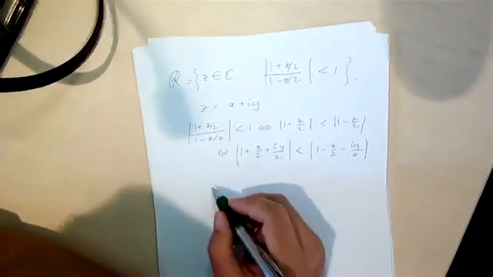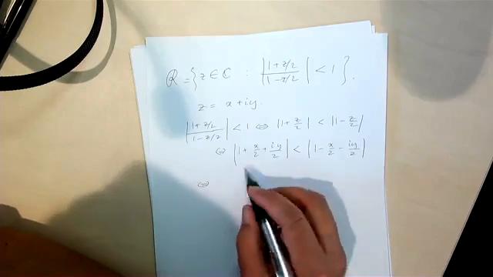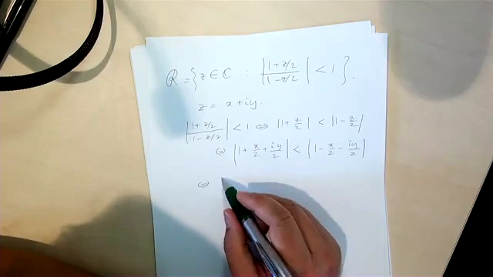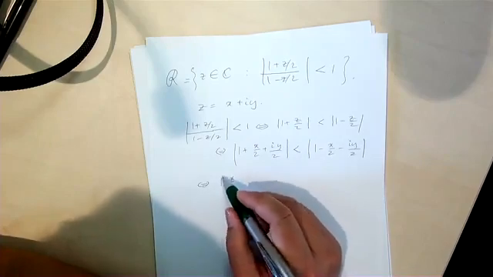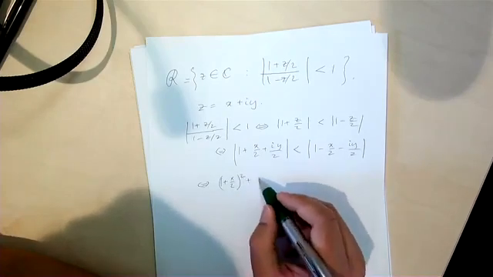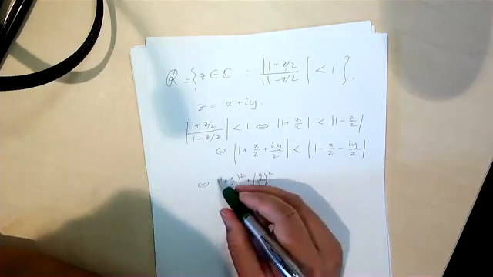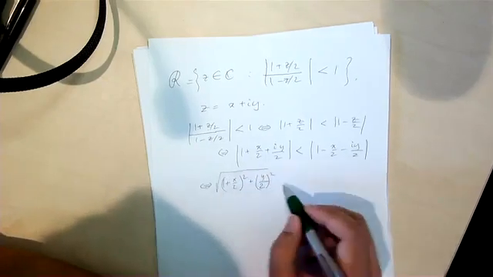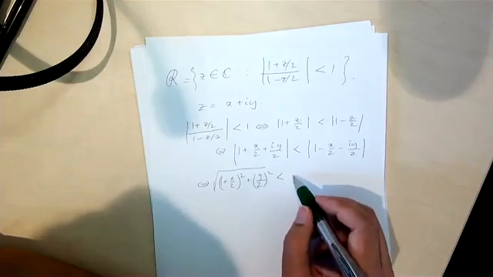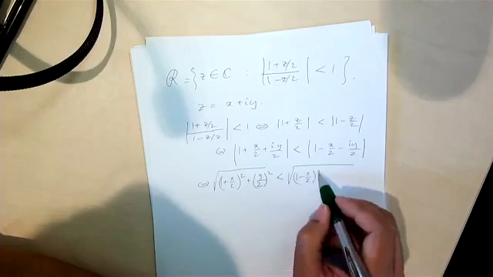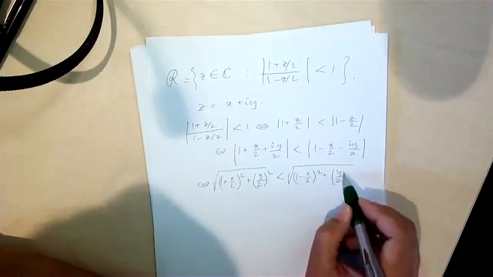And then the absolute value of a complex number is like you take the real part, square it, and add the imaginary part squared, and then take the square root, and then 1 minus x over 2 squared plus y over 2 squared, right?